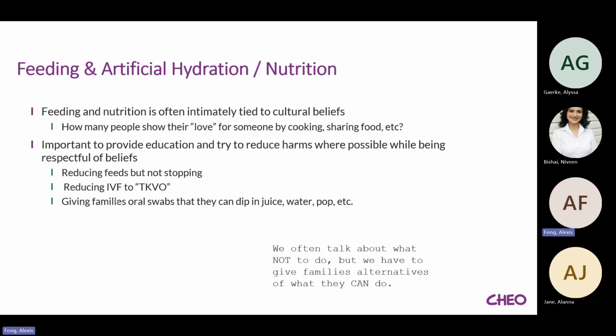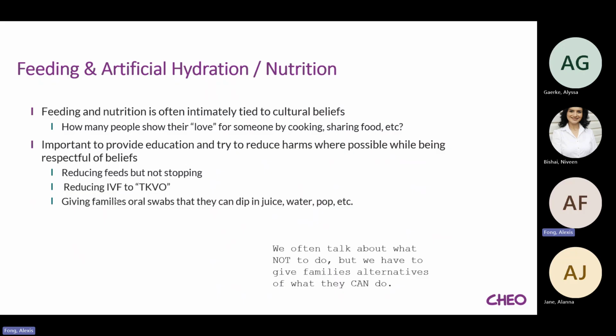How many people here have family members that show their love by cooking or feeding or trying to force food on you during holidays? It's so intimately tied to cultural beliefs of love and support. So it's really important to educate our families, particularly at end of life, that those feeds can actually be harmful.